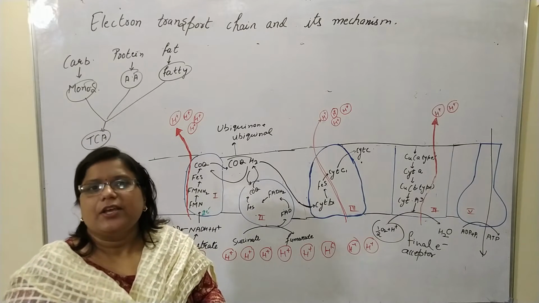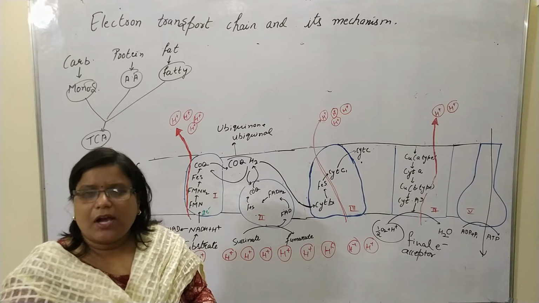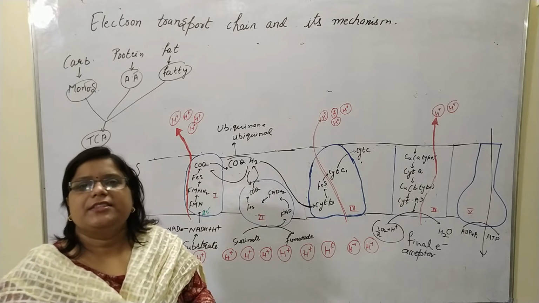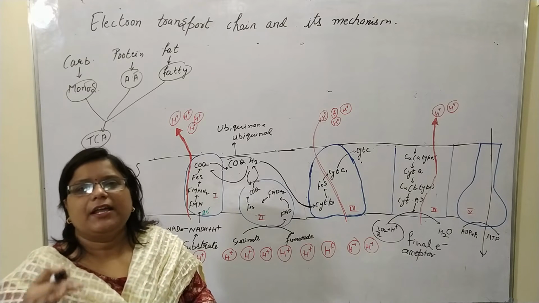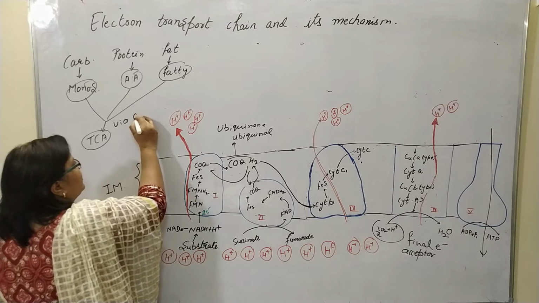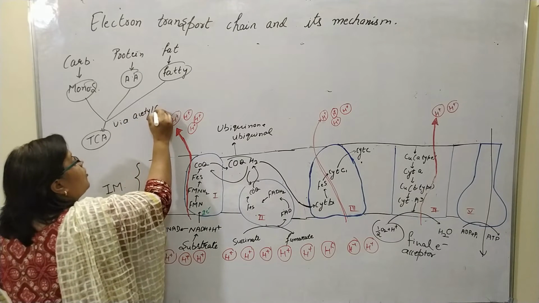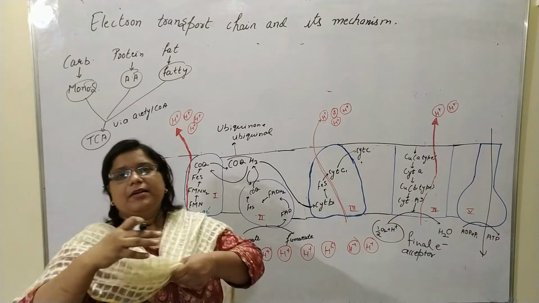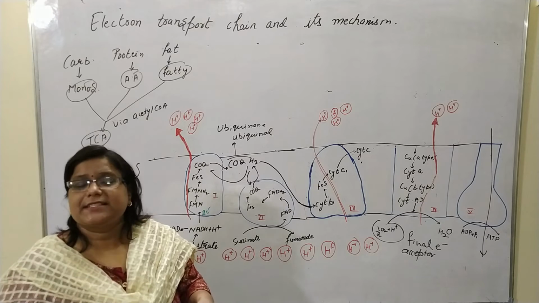Okay, so whether it is carbohydrate, protein or lipid, whatever we are eating has to enter the TCA cycle, either via acetyl coenzyme A or via the intermediates of the TCA cycle.